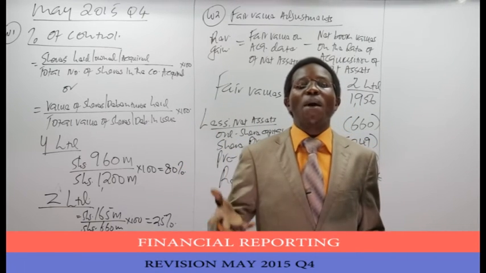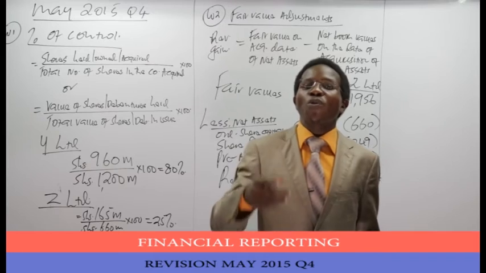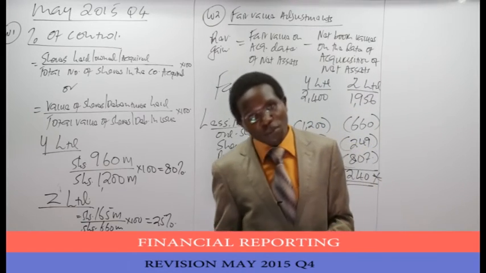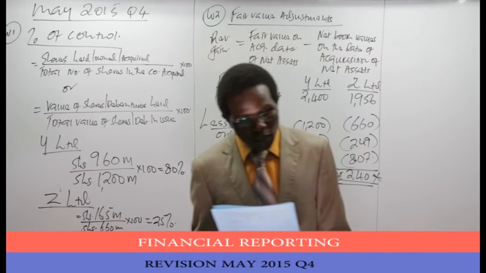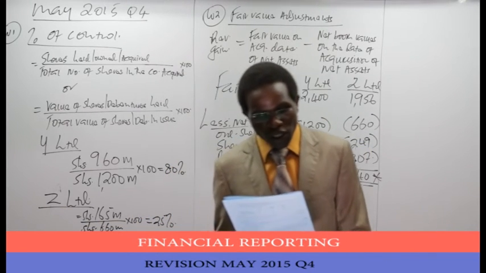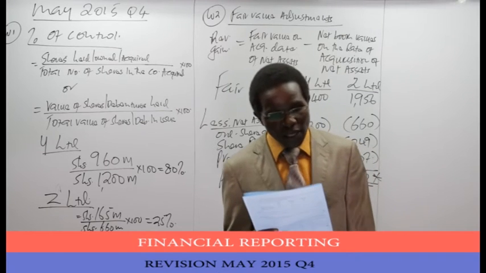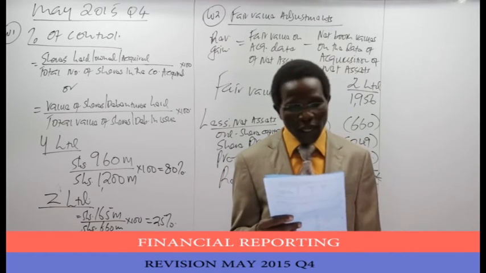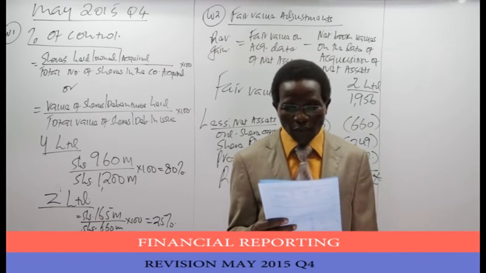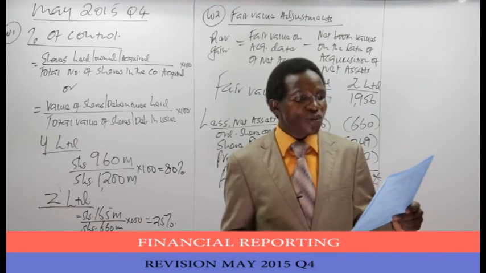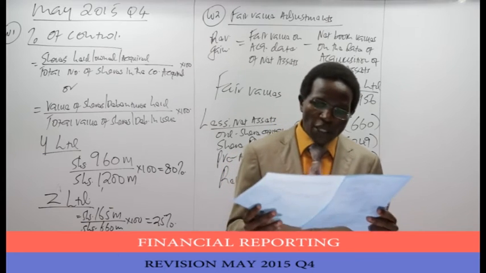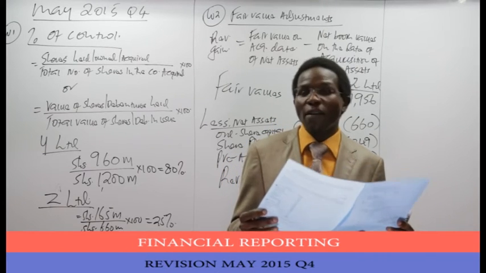This means we must adjust the profit after tax when we are computing the profit attributable to NCI. That's not a problem. Then 5, Y Limited has not issued new share capital since acquisition. Fine. 6, investment income of X Limited relates to dividend received from Y Limited and Z Limited. If investment income of X relates to dividend received, let me go back to it. That's the figure of 780.